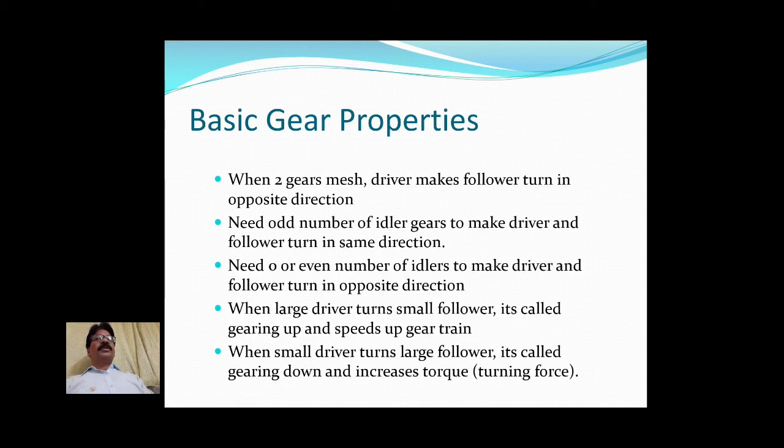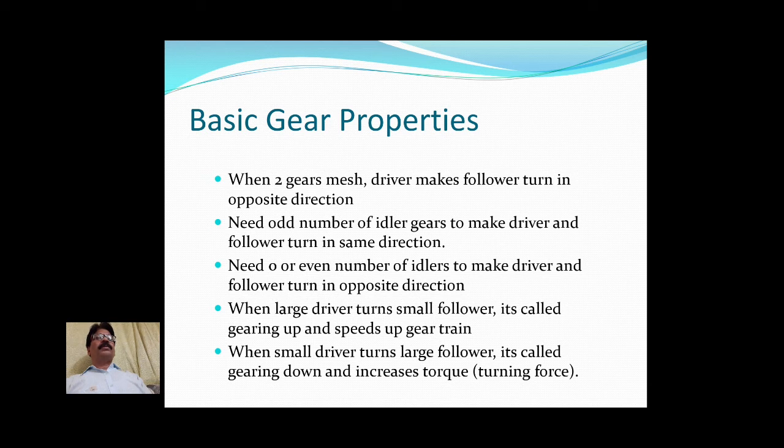Some basic gear properties. When two gears mesh or are engaged, the driver makes the follower turn in the opposite direction. You can see when the driver is in clockwise movement, the follower will be in anti-clockwise movement.